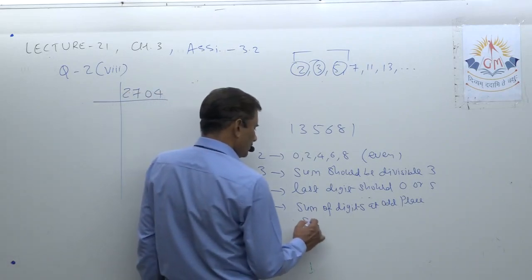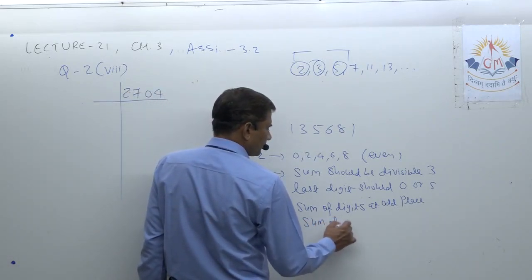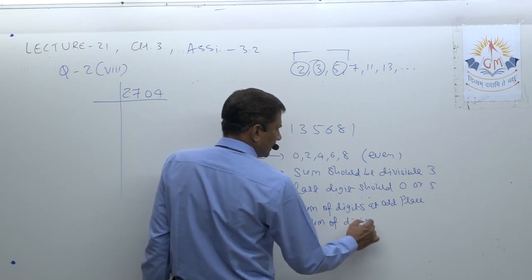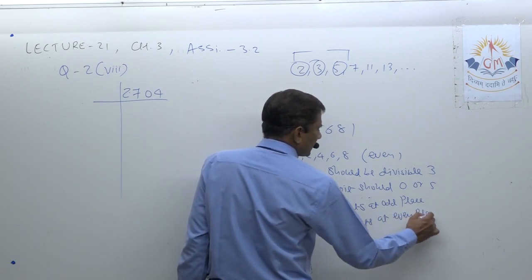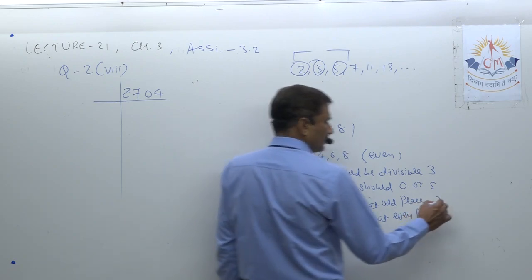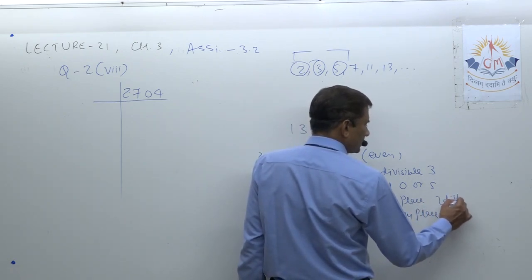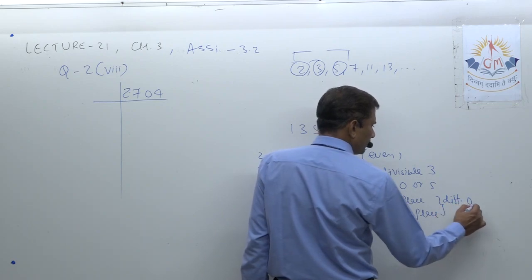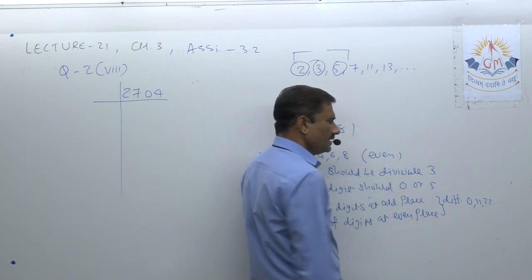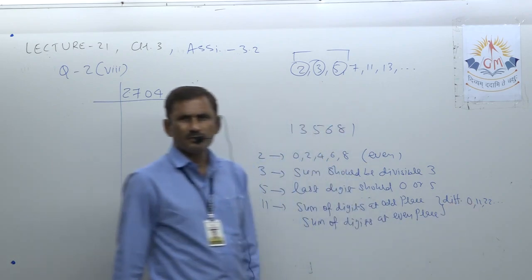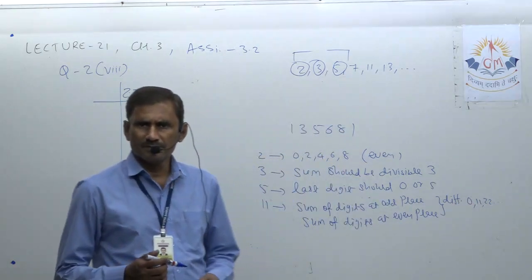And the sum of digits at even places, means second place, fourth place like that. If the difference is 0 or 11, 22 like that. Mostly either 0 or 11 will be there, mostly 0 if divisible.